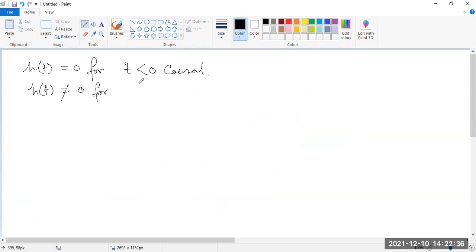For t less than 0, non-causal. For t greater than 0, anti-causal.